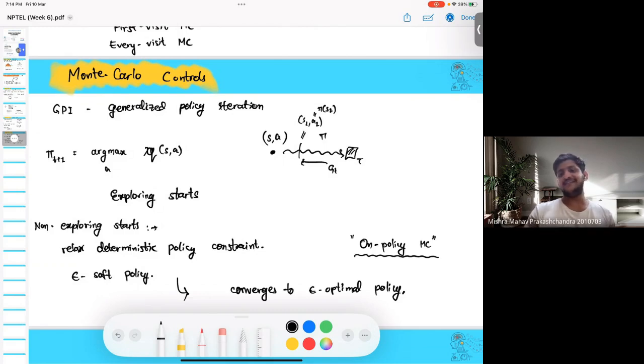So I'm behaving on that same trajectory and updating that same trajectory. But since for on policy Monte Carlo I have relaxed the deterministic policy constraint, it typically doesn't give me the kind of solution I want for solving an MDP, right? It still works. In practice, if you solve with an on policy Monte Carlo method, you will still converge to the optimal policy.